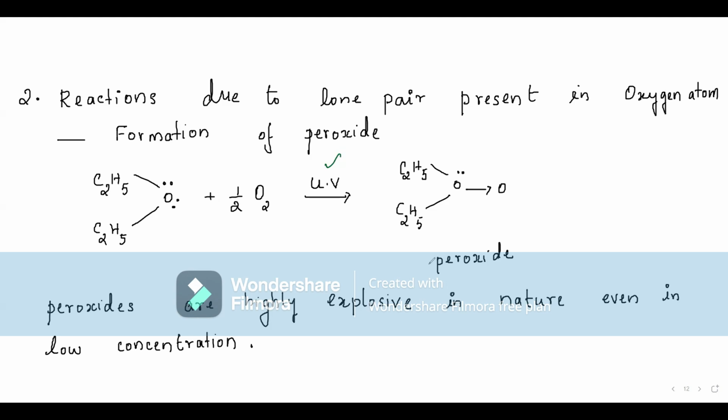These peroxides are highly explosive. Therefore, it becomes important to detect the presence of peroxide and remove it before we perform any reactions of ether. Or else, ether needs to be always stored in dark bottles so that it has no contact with oxygen.